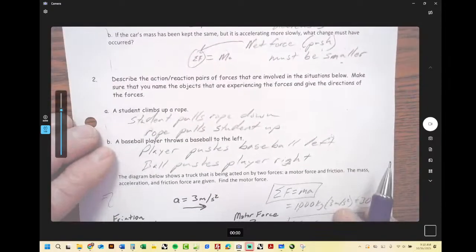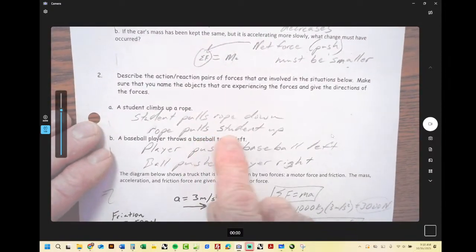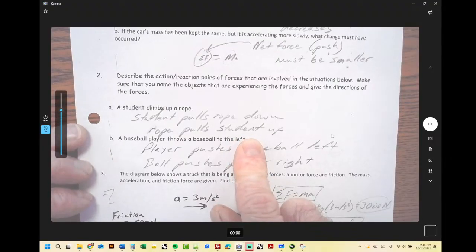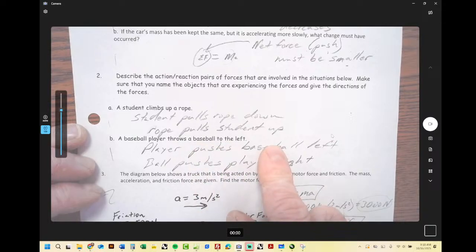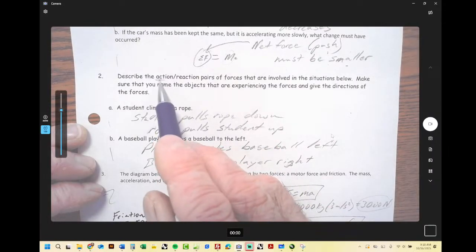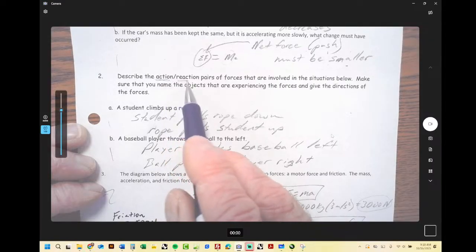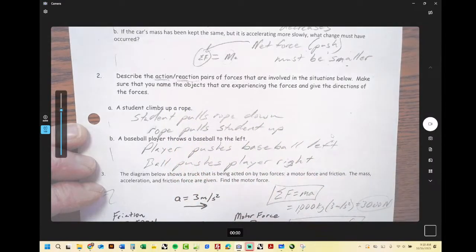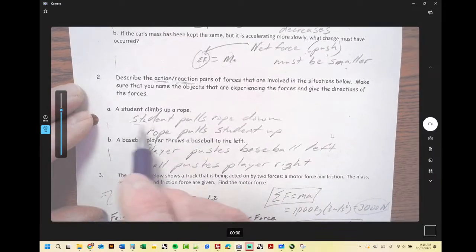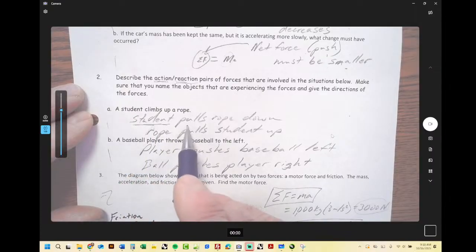Number two, most of the answers here are just what I was looking for. I've run into at least one that didn't really talk about the action and reaction forces. You've got to describe two forces, the action force and the reaction force. I don't really care which is which, but there are two forces and they're equal and opposite. As I wrote on the board, here's my first object, the student, and this is the force.